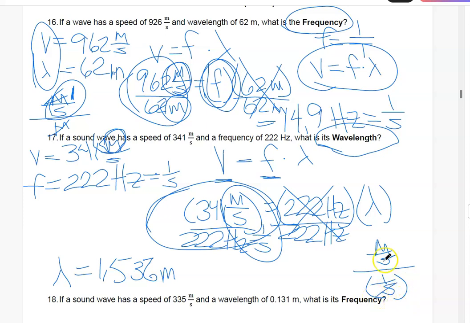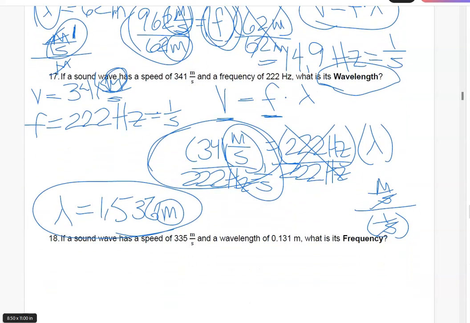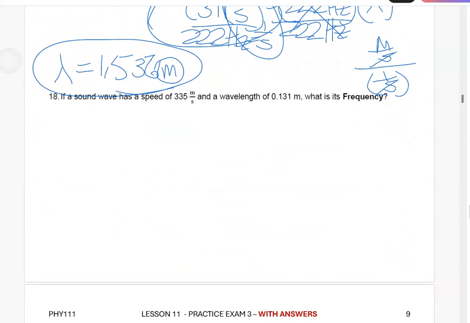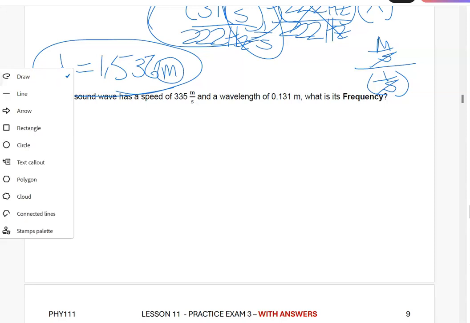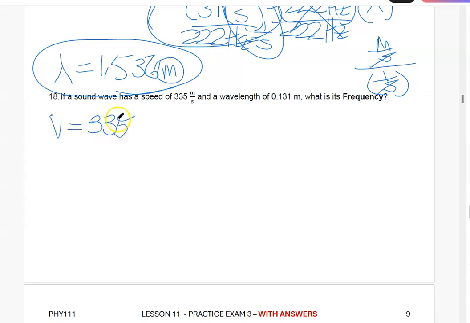The seconds cancel, and all you're left with is meters over 1, which is just meters. So our wavelength is 1.536 meters.